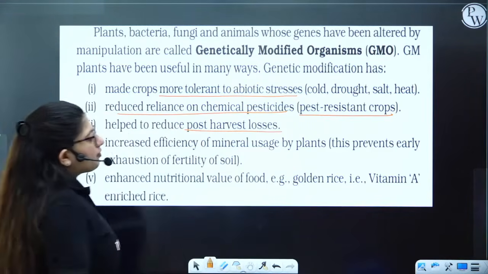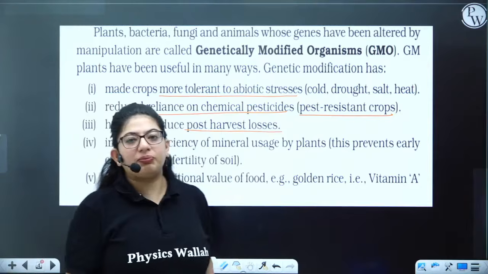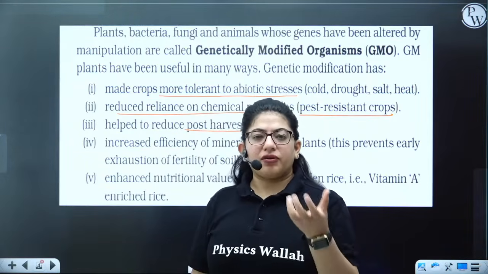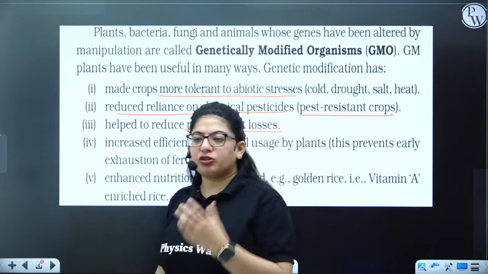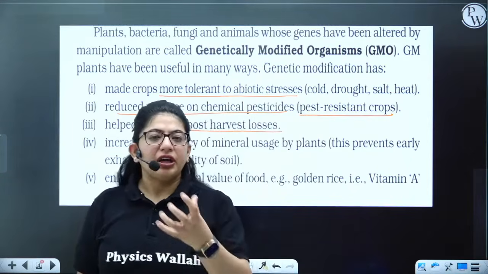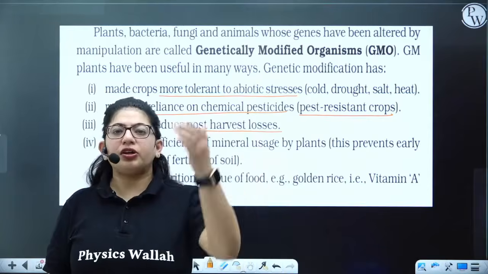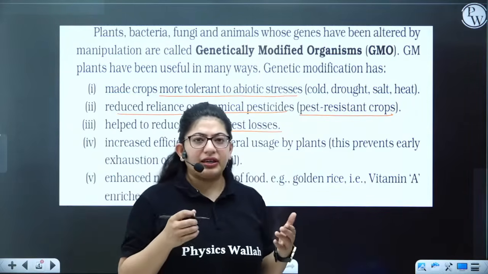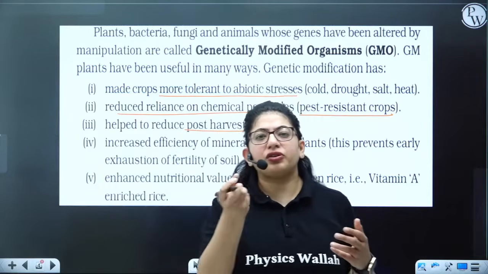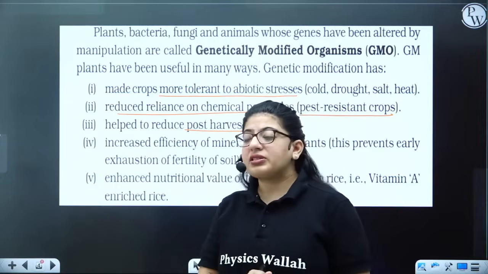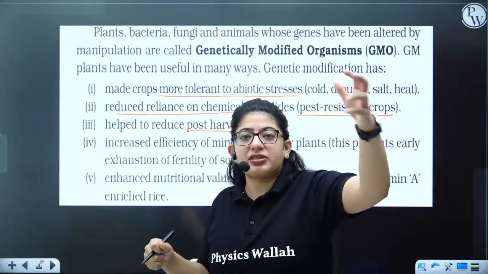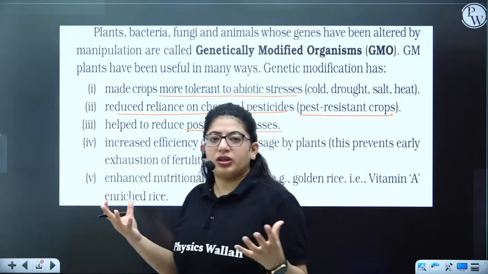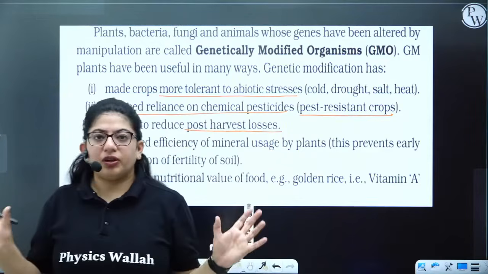What is post harvest loss? Harvest means cutting off the plants after they get mature. For example, we have tomato. After the tomato gets mature or ripened, you take it out and store it so that you can sell it in the market. But do you know, these tomatoes get so much softer after 3 or 4 days. If a farmer is living in an area where the market is very far away, all the tomatoes are going to get stale.